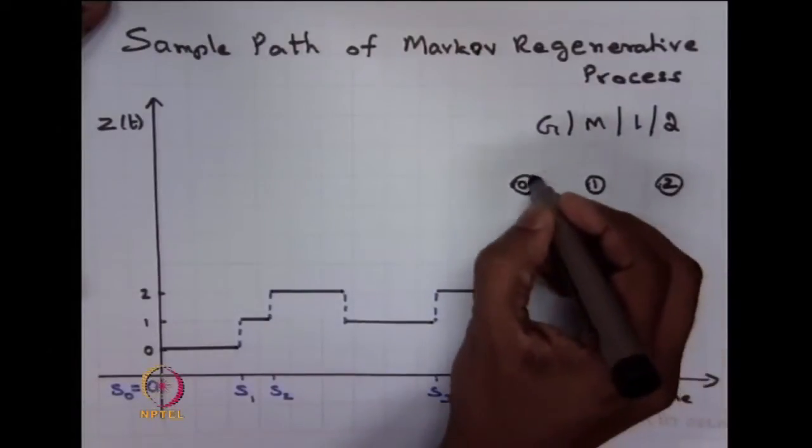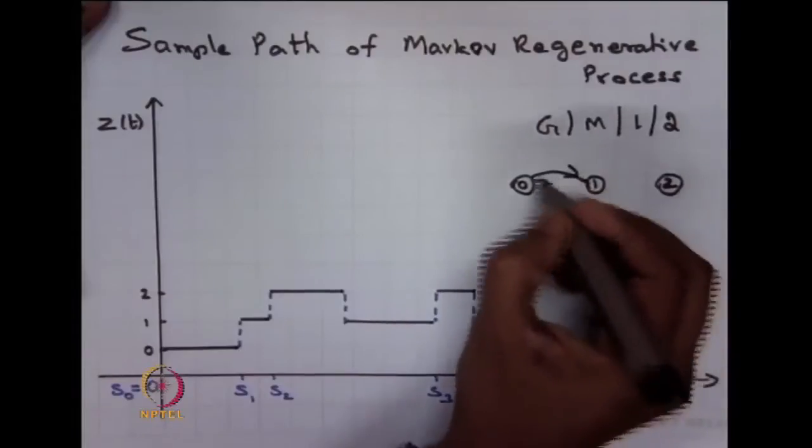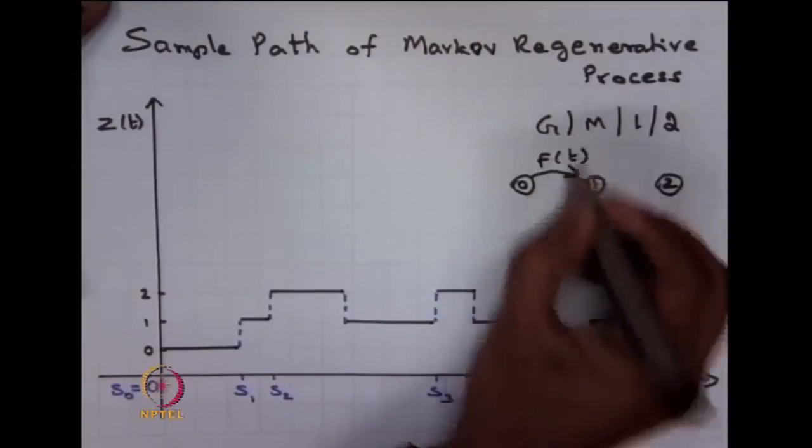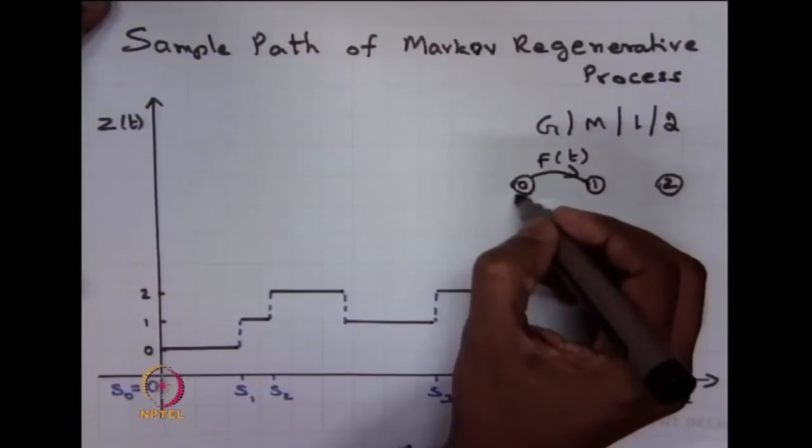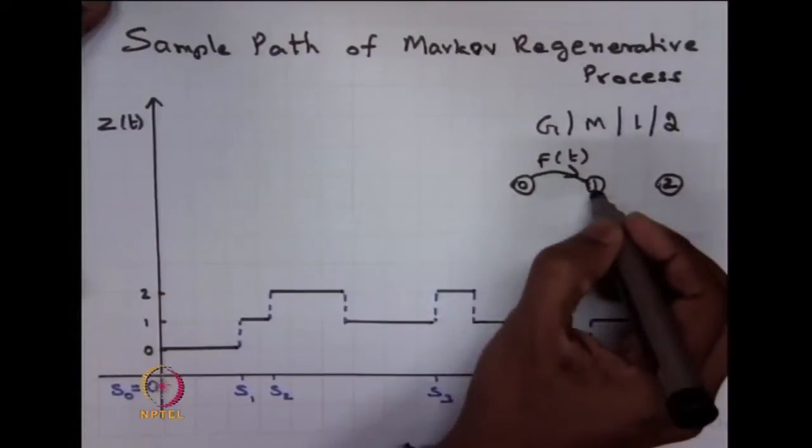This is the CDF of the system spending time in state 0 before moving into state 1.